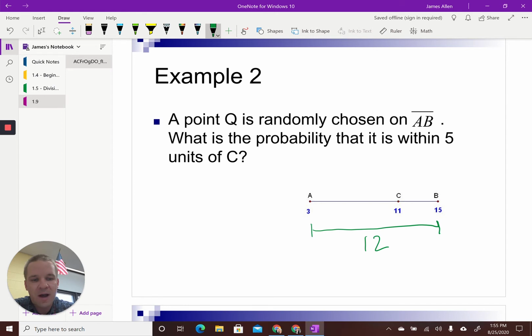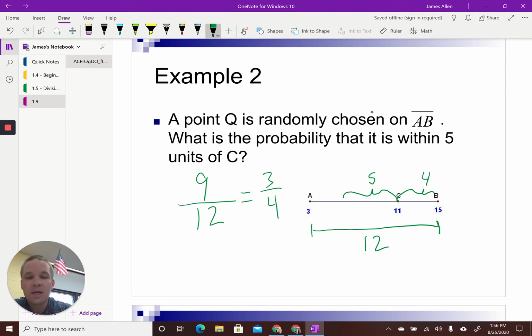Now, if I can go 5 units in this direction, that's 5, and I can go 5 units in, oh wait, hold up. I can only go 4 units that way. Otherwise, I'm off segment AB. So really, I can only span a total of 9 out of the 12 total length of this segment, which would simplify down to 3 out of 4. Excellent.